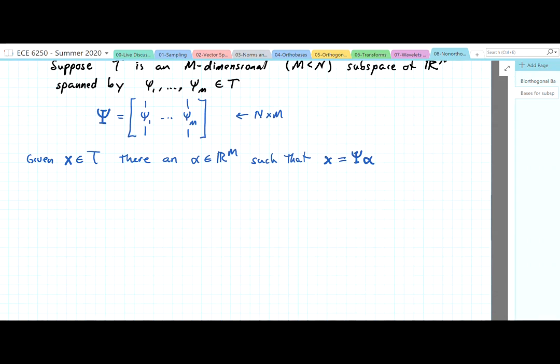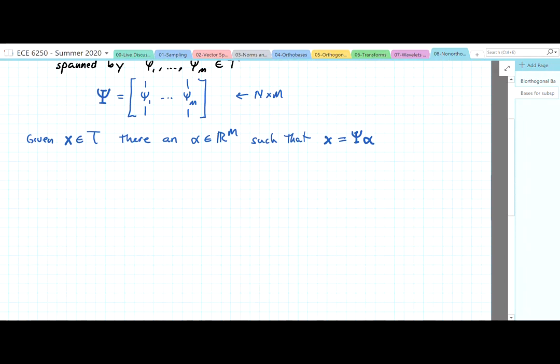Since the left inverse exists, we can state that x is equal to psi transpose psi inverse psi transpose times x.